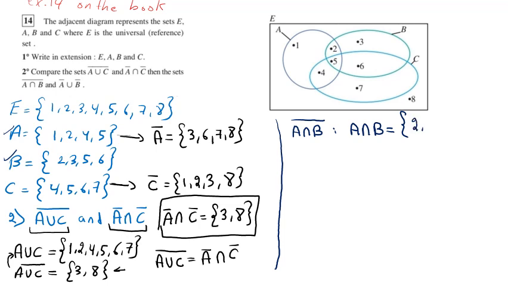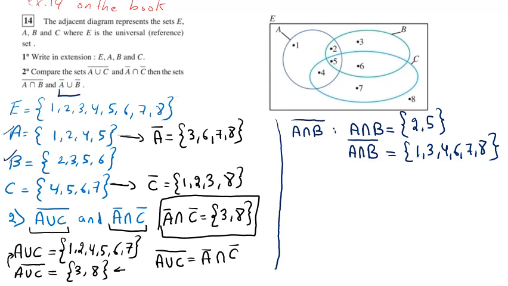Then we make the complement of this set. (A intersection B) bar will be 1, 3, 4, 6, 7, and 8.